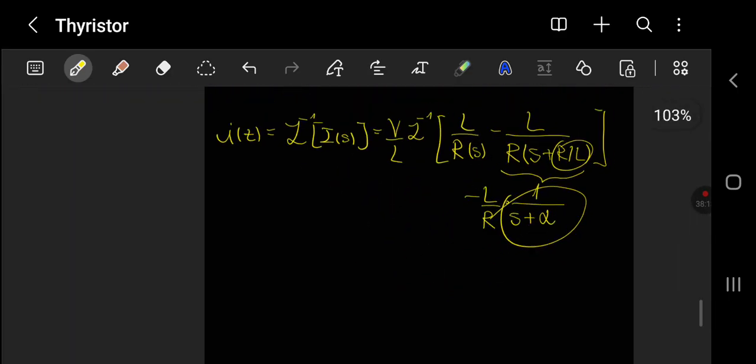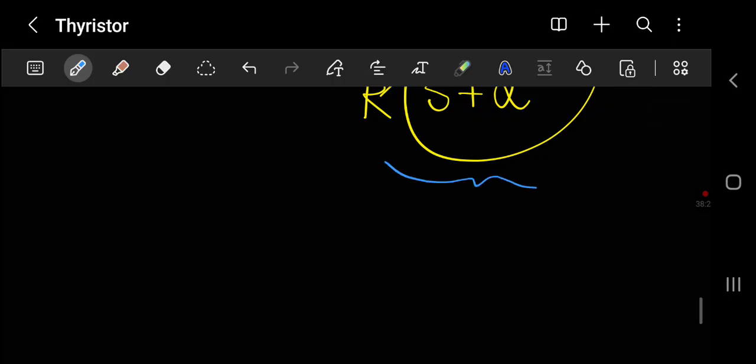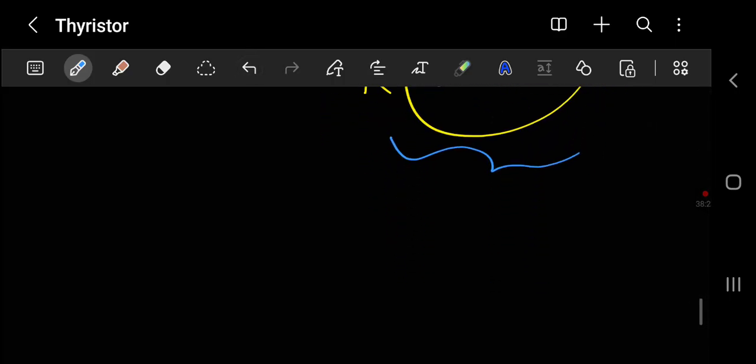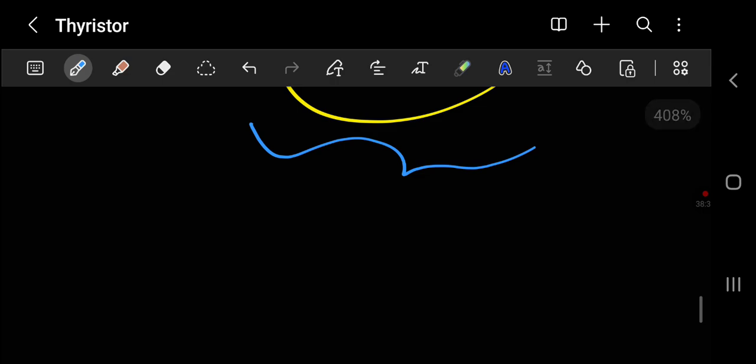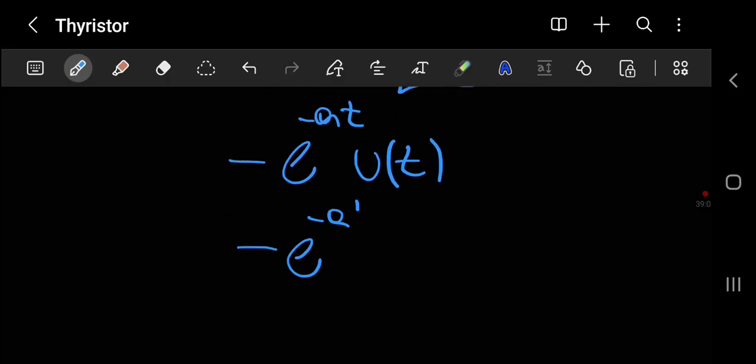Now we can look for this on the Laplace transformation table, and you see that it leads us to a signal of minus Euler, and the exponential is at u of minus t or t.